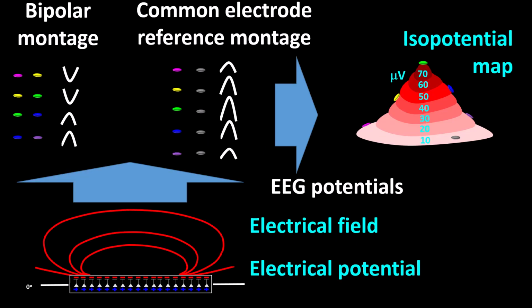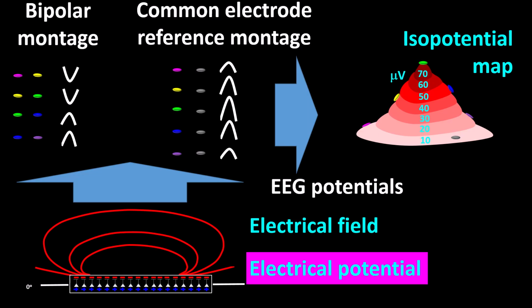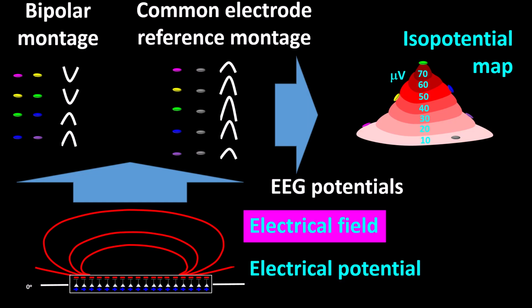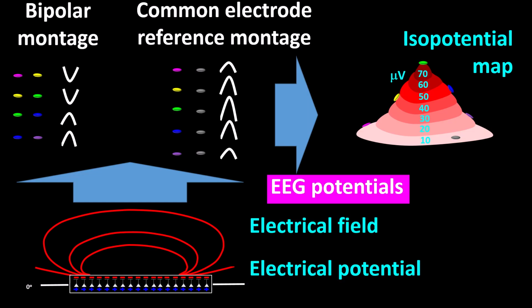In this frame, I have represented the flow of elements by the direction of the arrows. Electrical potentials generated by neurons create an electrical field that we, during recording an EEG, capture using montages as EEG potentials.